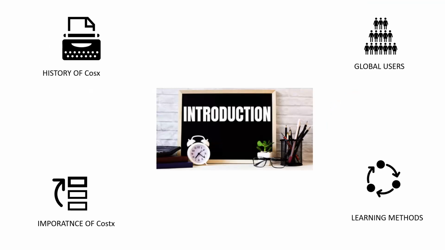A lot of companies use it all over the earth. Global users include Australia, New Zealand, Canada, UK, USA, and the Middle East region, Oman. Recently, I heard that Majan also purchased Costex software for their company, and in UAE and Saudi Arabia a lot of companies use it.